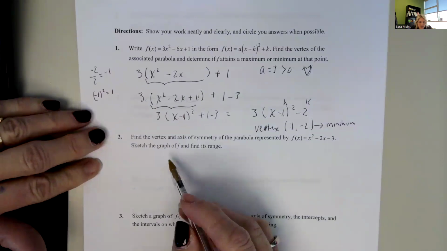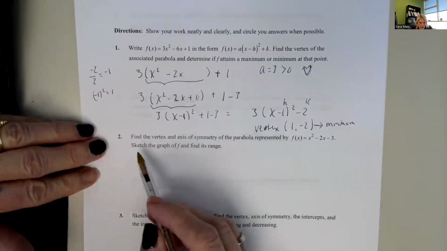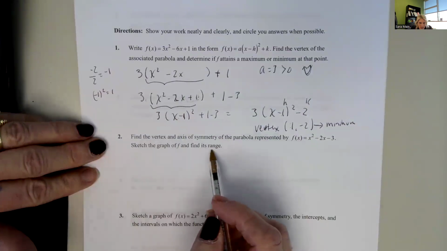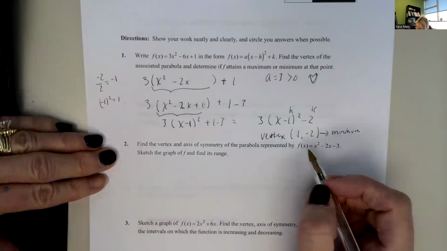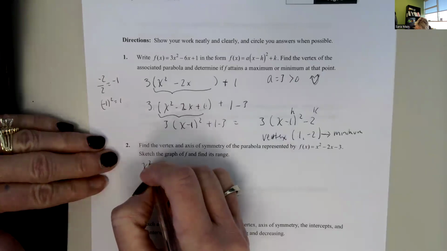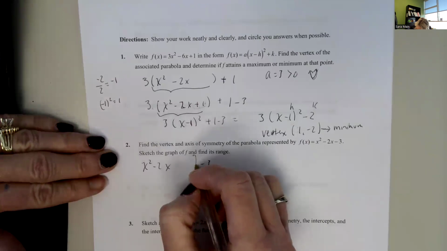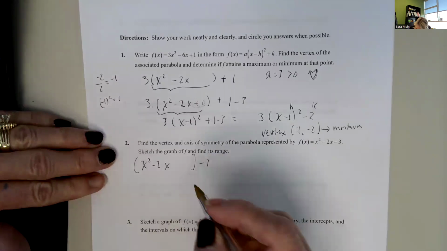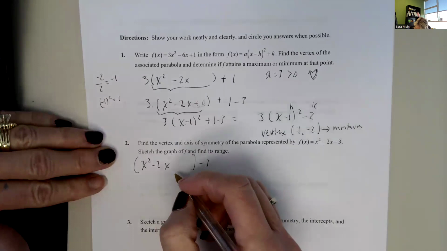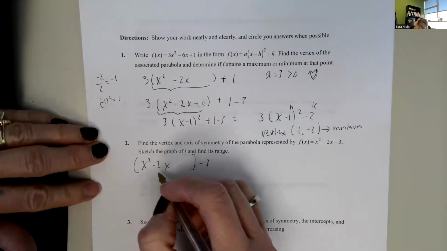Okay, question number 2. It says, find the vertex and axis of symmetry of the parabola here, sketch the graph of f and find its range. So I have x squared minus 2x minus 3. I'm going to separate this out and complete the square again because that's kind of nice and quick. To do that, I'm taking half of -2 and adding 1.